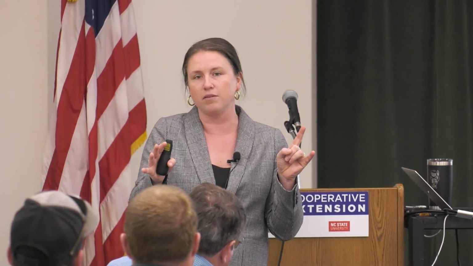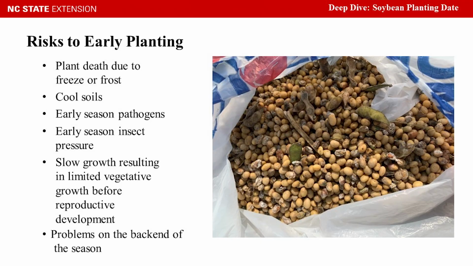But now, for 5 years in a row, we haven't seen that at all of our sites, really. We're going to talk a little bit about that because I think that's one of the biggest risks to early planting in our environment. And then someone mentioned this, but problems on the back end of the season are a big risk to planting early maturing varieties before early May in our environment. And we have some data on that.